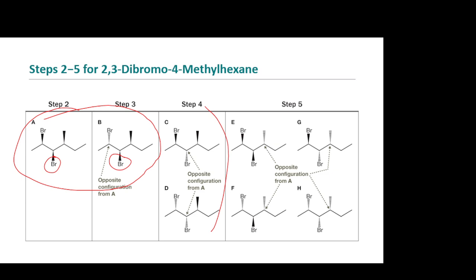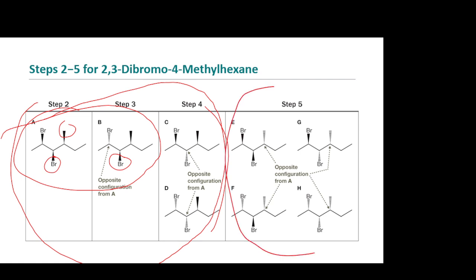Okay, so the next thing we have to do now is, remember, for each of these, we're going to have to do an additional swap, right? So for all the ones we've done so far, we now have to do one additional swap. So we take all of these, and we invert this one. And that's these four here.